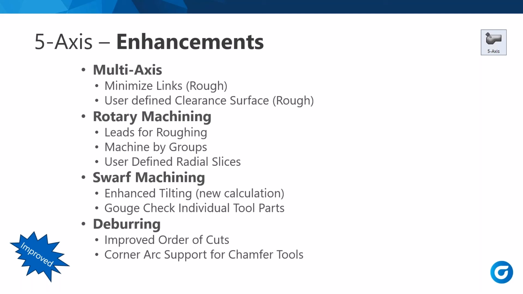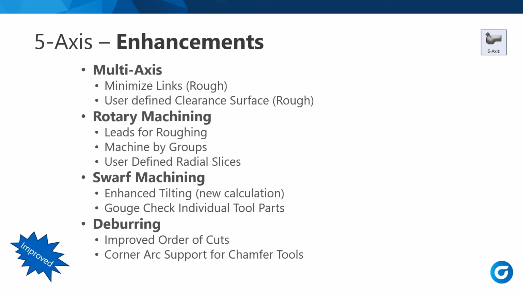Rotary machining, there's now some leads for roughing. There's also a new option to machine by groups, in addition to level and area. There's user-defined radial slices. In swarf machining, this one is not an option you're going to see in the interface, something you can check or turn on, but the whole internal calculation of the way the tilting works, all the algorithms have been updated.